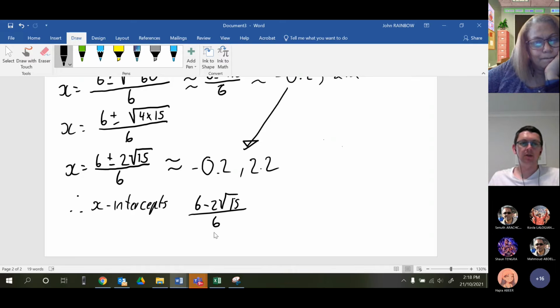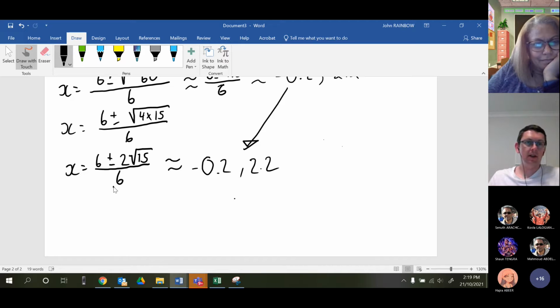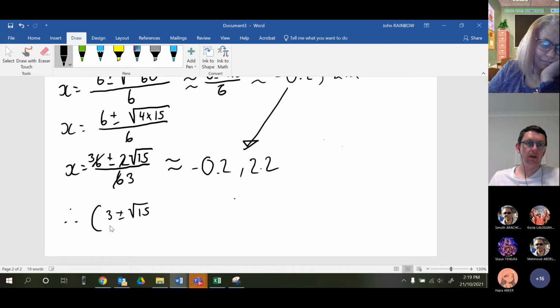Oh, by the way, I haven't fully simplified this. I just realized. Okay, because I can now divide both of these and that by 2, that's going to leave me with 3, 3, and that. So therefore, I know the x-intercepts are 3 plus or minus root 15 on 3, comma 0.